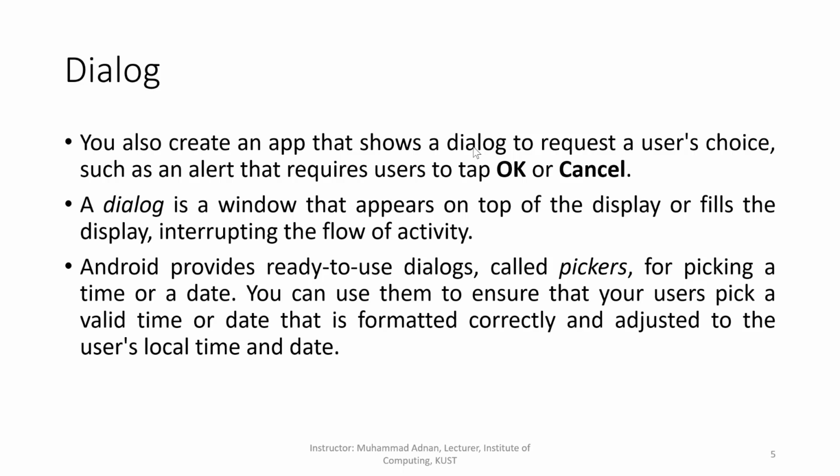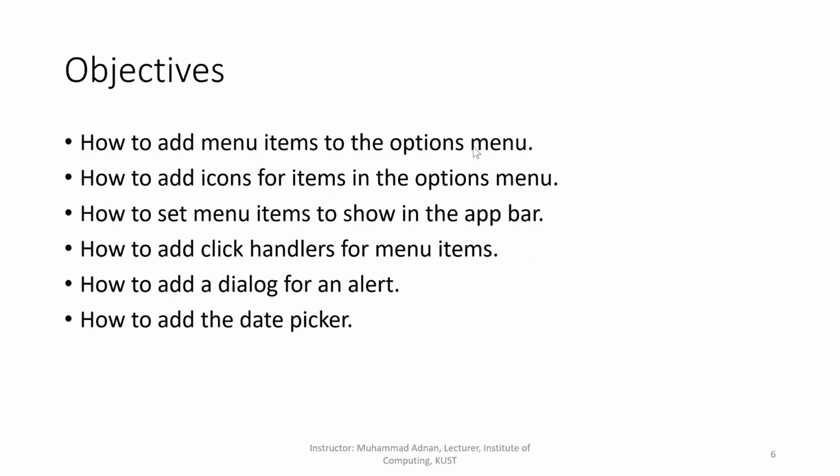Android provides ready-to-use dialogs such as pickers for picking a time or a date. You can use them to ensure that your user picks a valid time or date that is formatted correctly and adjusted to the user's local time and date. So we are going to study about dialogues later on if we have time.